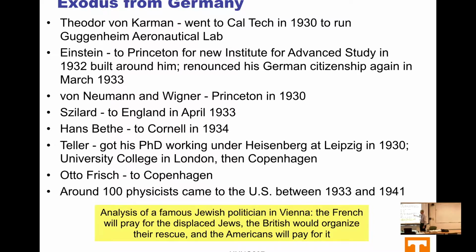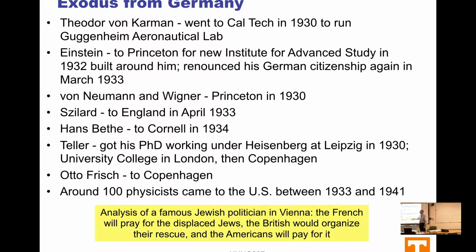Teller worked under Heisenberg, finished his degree, and then went to London and Copenhagen. Otto Frisch, whom we'll come back to, was the nephew of Lise Meitner, who was Austrian, therefore protected somewhat from the craziness of Nazi Germany until Germany took Austria. And over that time, maybe 100 physicists in the early 30s came to the US.